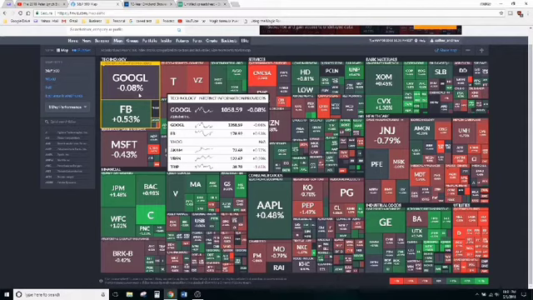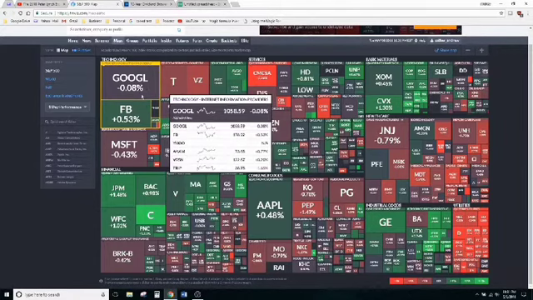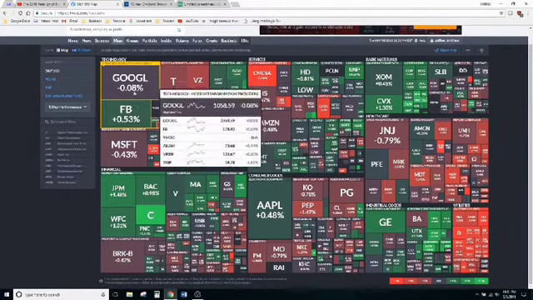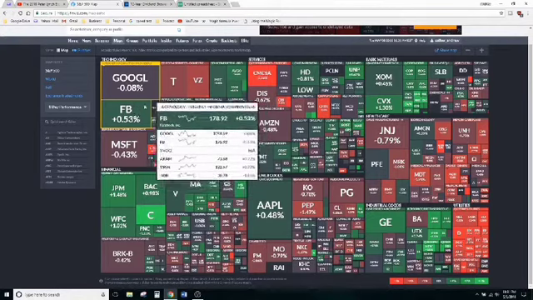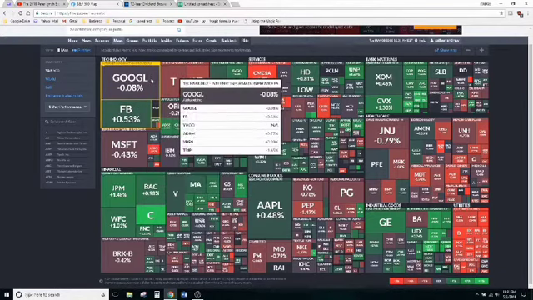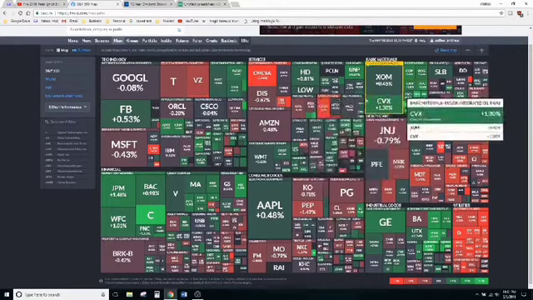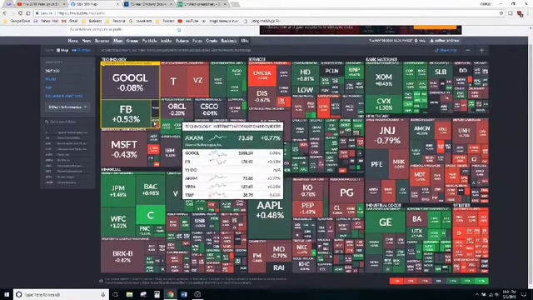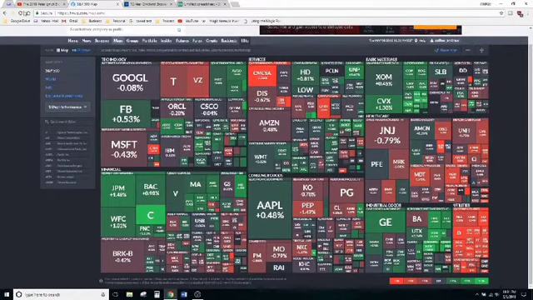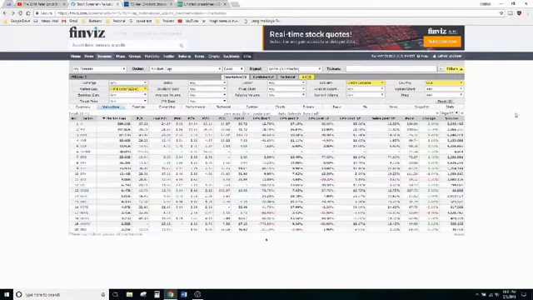Both big traffic websites. And you can see what they did for the day: green's up, red's down. Looks like a brighter green means a higher gain. And like I said, they segment it based on market cap. So it's a cool little feature. That's not one I use, but I thought I'd bring it up since we were talking about industry and sector.